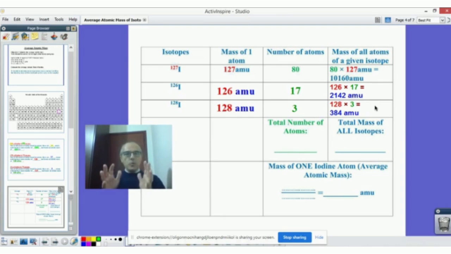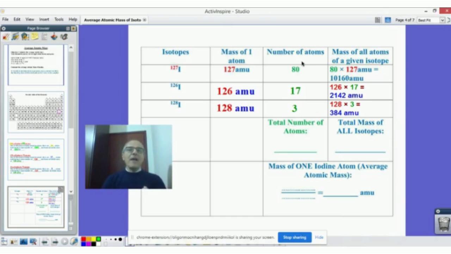So as you saw, the teacher will give one example and the students will follow this example in order to calculate the masses of a certain number of isotopes out of 100 atoms present in nature, to calculate the total mass for a given isotope.